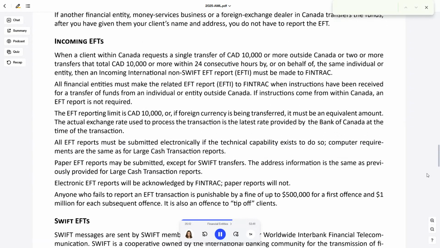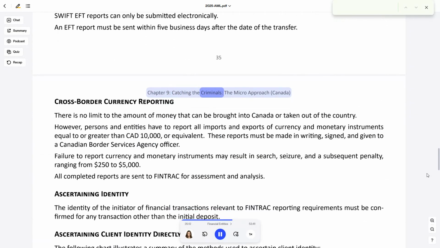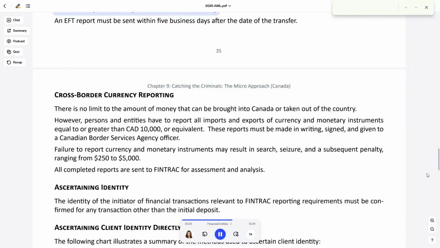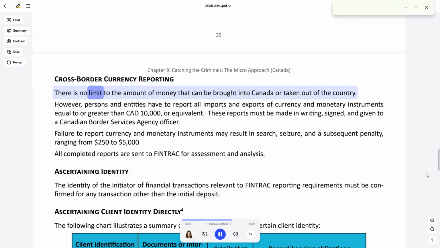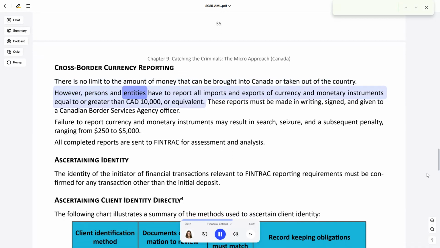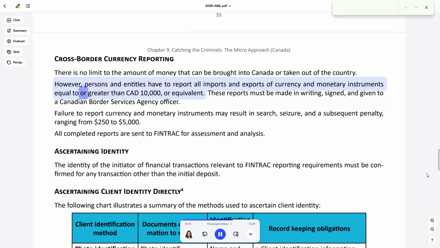Chapter 9, Catching the Criminals, the Micro Approach, Canada. Cross-border currency reporting. There is no limit to the amount of money that can be brought into Canada or taken out of the country. However, persons and entities have to report all imports and exports of currency and monetary instruments equal to or greater than CAD 10,000 or equivalent.